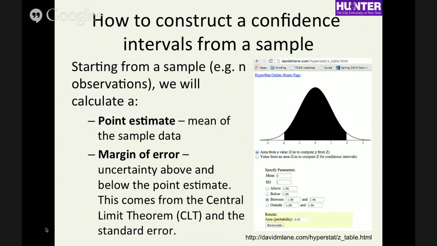In order to construct that confidence interval, you first need a point estimate. Remember that because the mean of the population and the mean of the sampling distribution are identical, the best guess, the point estimate, is going to be the mean of our sample.